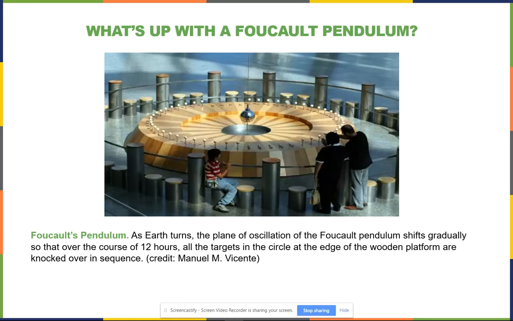That precession depends on your latitude, so at different latitudes it will do a different angle each day. But it's very easily explainable by physics if the Earth is a globe that's rotating. So if you're looking for lines of evidence for the Earth not being flat, the Foucault pendulum is one.